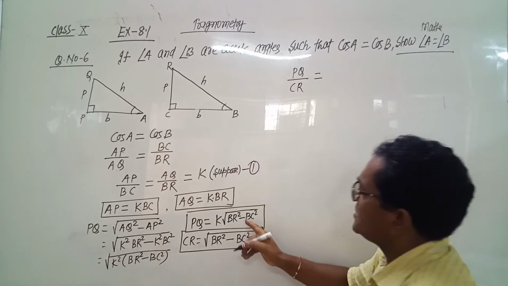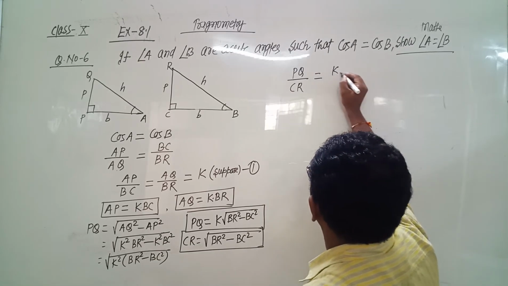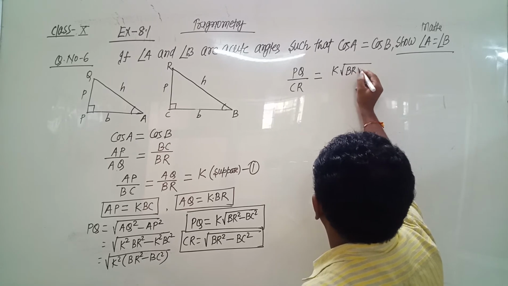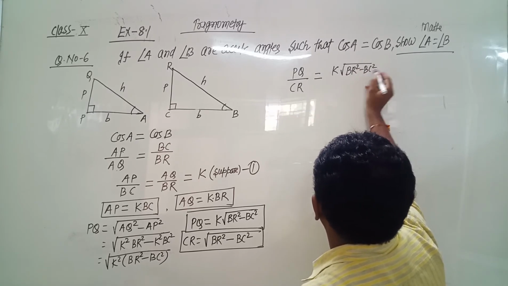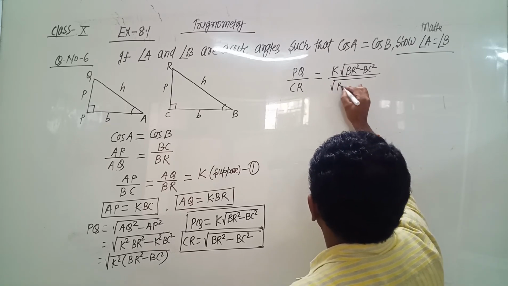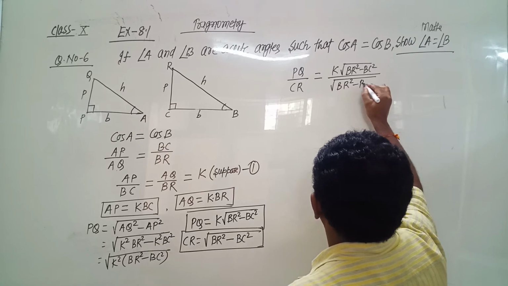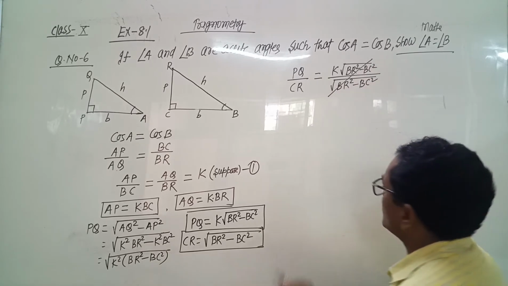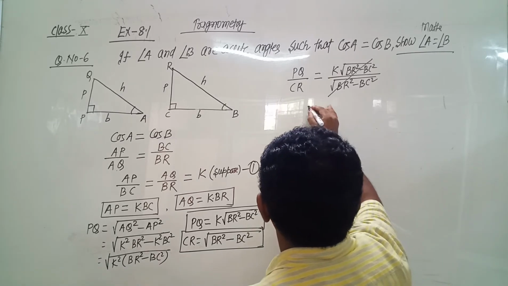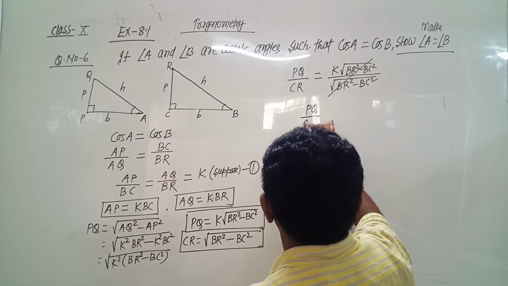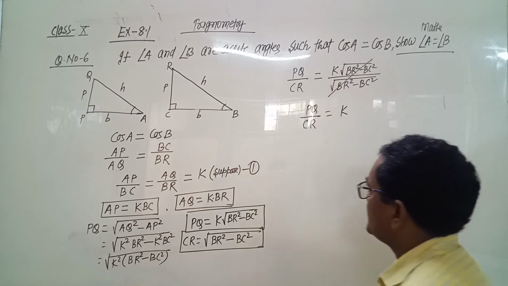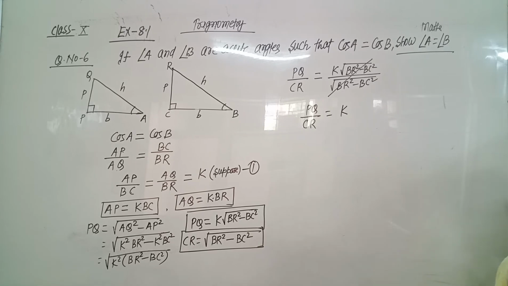The value of PQ is K under root of BR square minus BC square, and the value of CR is under root of BR square minus BC square. So the root of BR square minus BC square gets cancelled, and the result is PQ upon CR equals K.